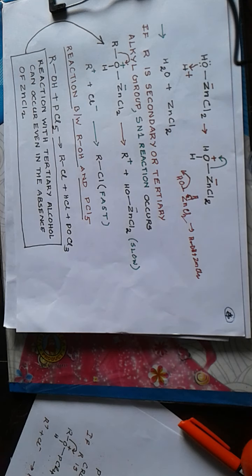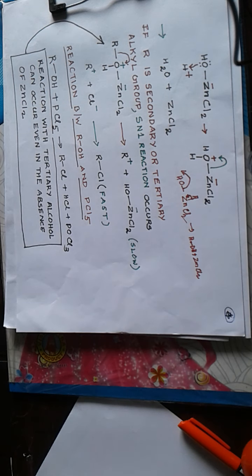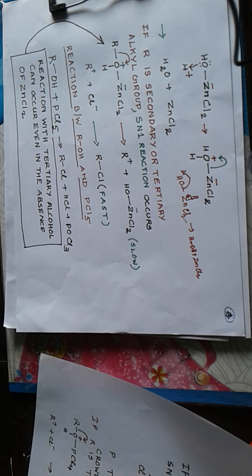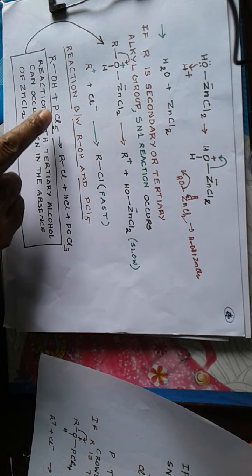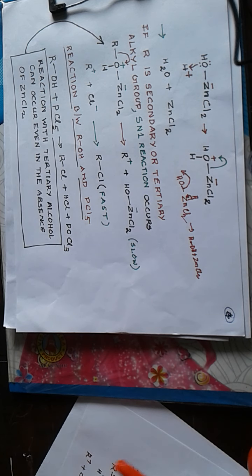Now, coming to a second method, that is the reaction between PCl5 and ROH. Now, before that, about the first reaction, that is the reaction between ROH and HCl in presence of ZnCl2. If R is a tertiary alkyl group or the alcohol is a tertiary alcohol, then there is no need of zinc chloride. Even in the absence of zinc chloride, the reaction may proceed.